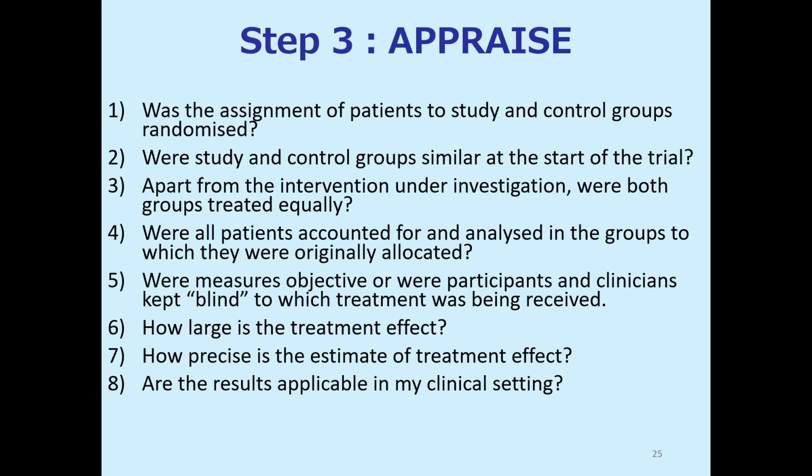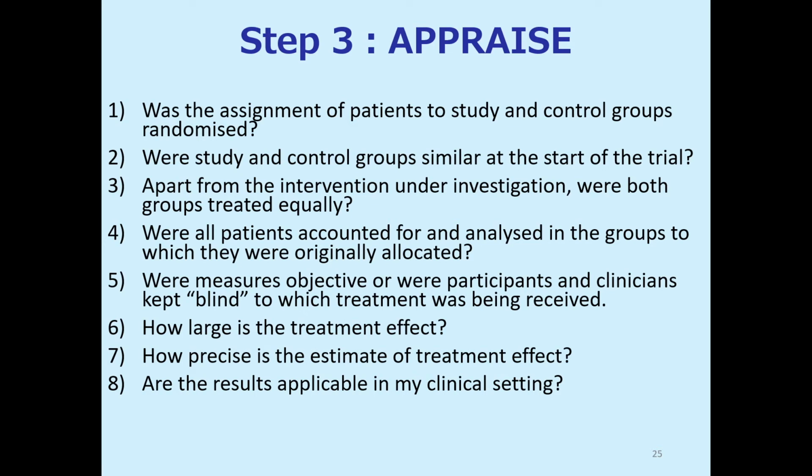As we are in step 3, which is appraising evidence, these are the things that we need to consider. There are 8 things, so we will go one by one. Was the assignment of patients to study and control groups randomized? Were the study and the control groups similar at the start of the trial? Apart from the intervention under investigation, were both groups treated equally?